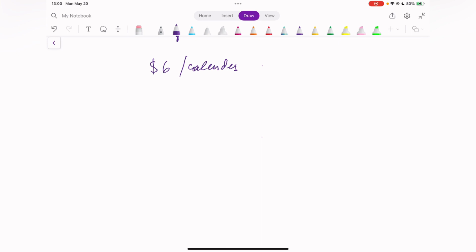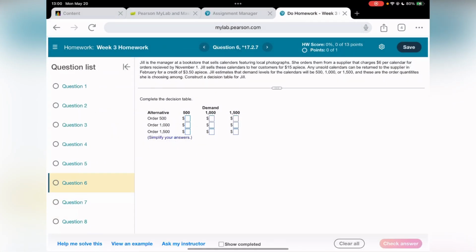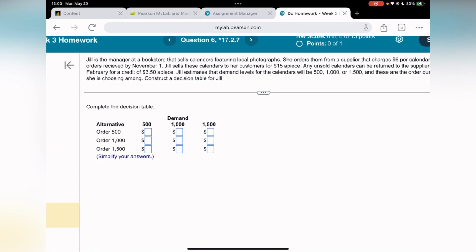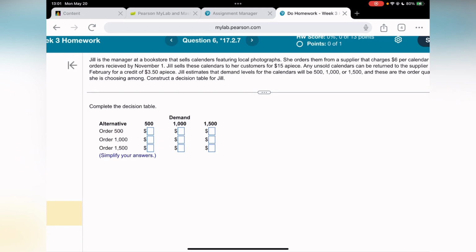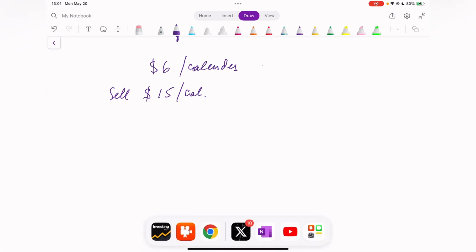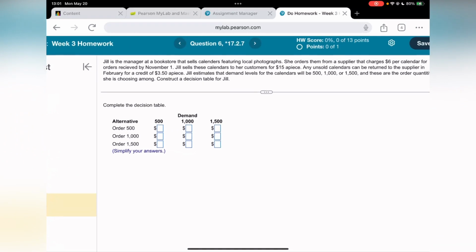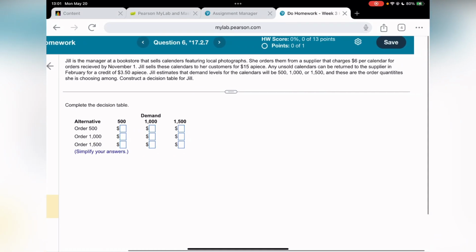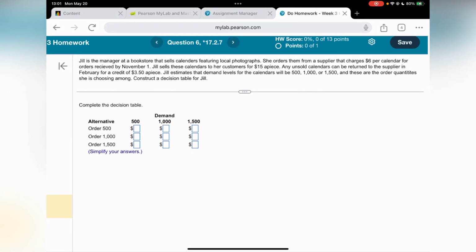Alright, let's read next. Jill sells this calendar to her customers for $15 per piece. Pretty good, huh? $9 more is sold per calendar. Any unsold calendar can be returned to the supplier in February for a credit of $3.50.